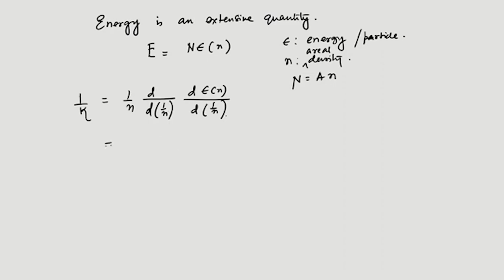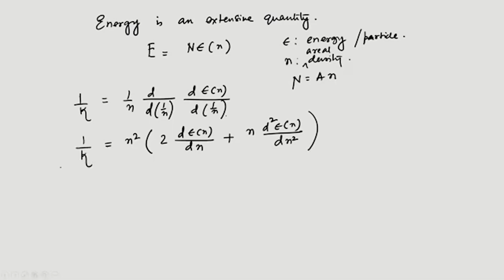And if you do this carefully, you get this as 2 d epsilon(n) dn plus n d2 epsilon(n) dn2. Okay, so this is the expression for the compressibility, or the inverse of the compressibility. If you further simplify it, it becomes n squared into d2 (n epsilon) dn2.